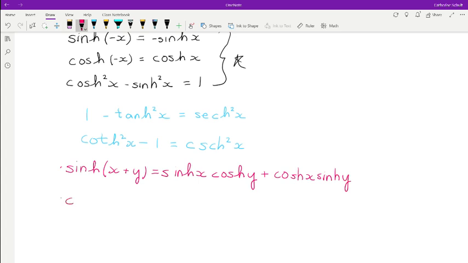And then for the hyperbolic cosine, it's similar to the one in trig, but instead of the opposite sign, it's the same sign. Okay, so there you go.